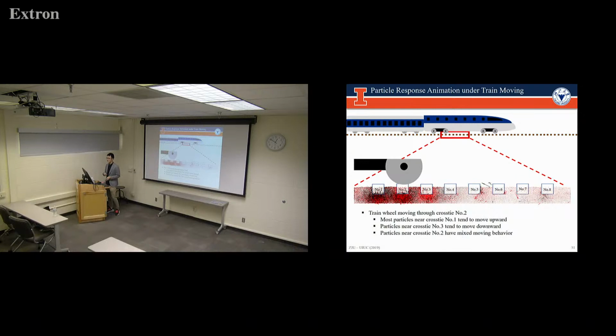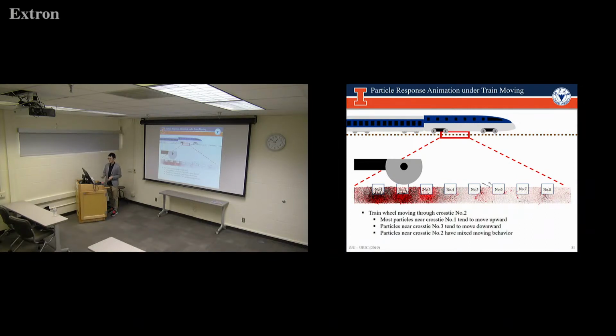Most particles near concrete tie number 1 have a tendency to move upwards, and the particles near cross tie number 3 have a tendency to move downward. And we have a mixed behavior for the particles near concrete tie number 2.